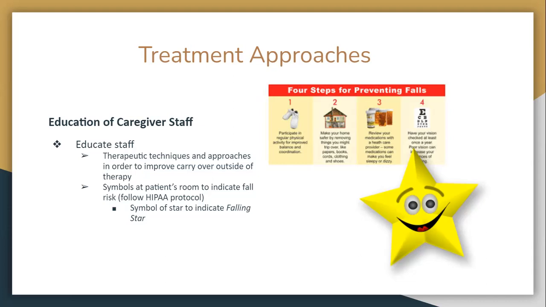The symbol helps to protect the patient's HIPAA status so that no identifying information is present. The purpose of the symbol is to allow any staff who work with the patient know that there is a risk behavior with this patient.